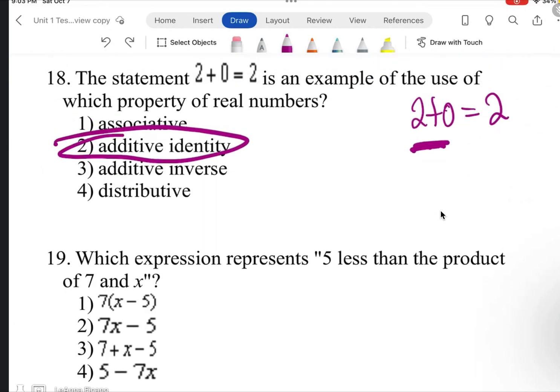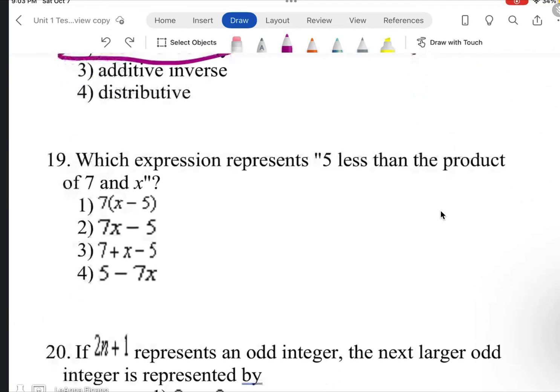Number 19. Which expression represents 5 less than the product of 7 and x? So we have 5 less than the product of 7 and x. The product of 7 and x is 7 times x, and 5 less than that.